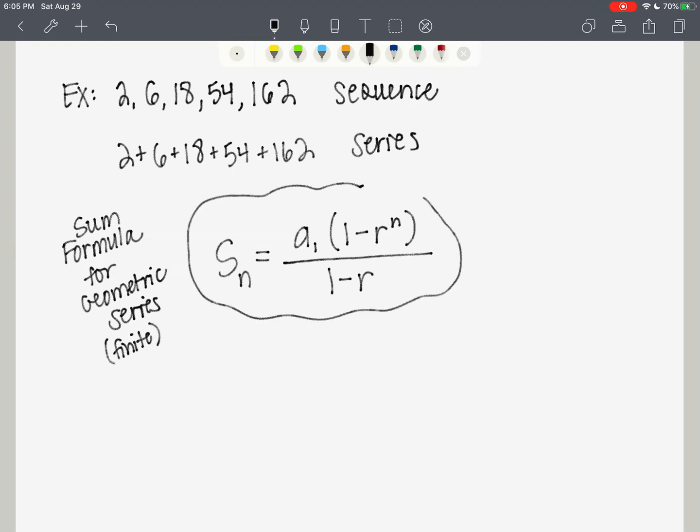And there's no shortcut, there's no other option. That is the sum of n terms of a geometric series that's a finite series. It has a beginning and it has an end.